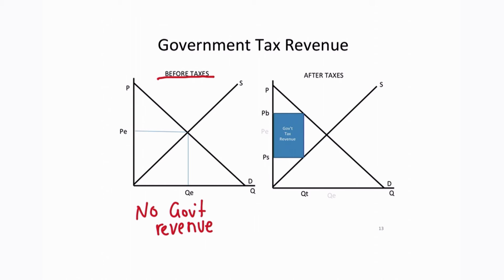So now once the tax is imposed, remember the tax revenue is the tax times QT, the amount sold with the tax. So therefore, this rectangle right here will be the size of the government tax revenue. As we mentioned in our last example, it was $200.